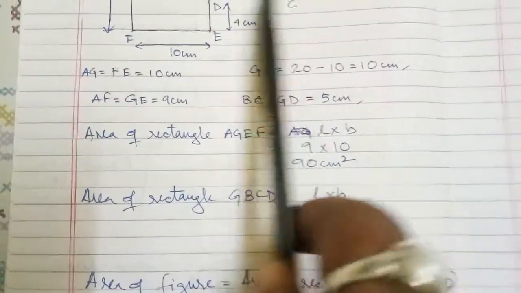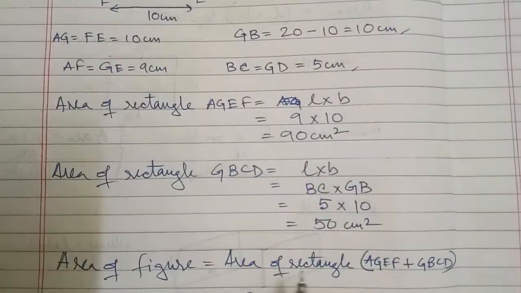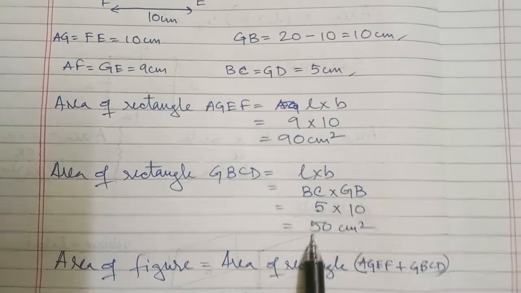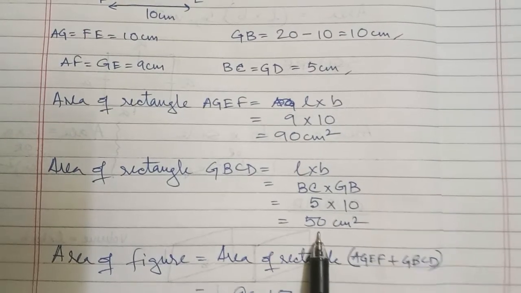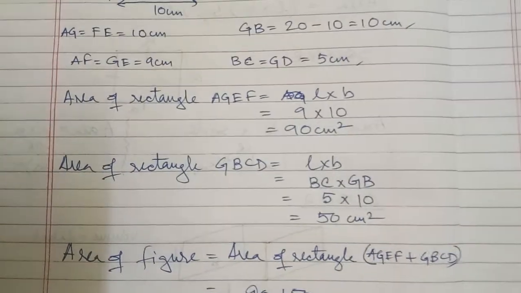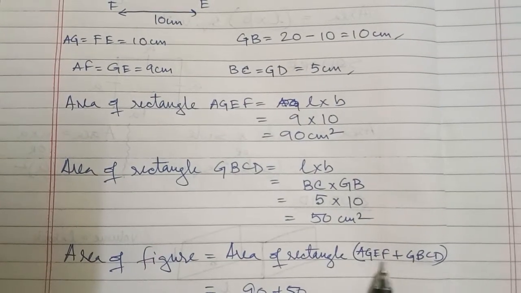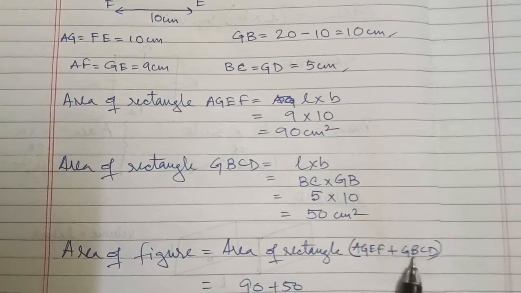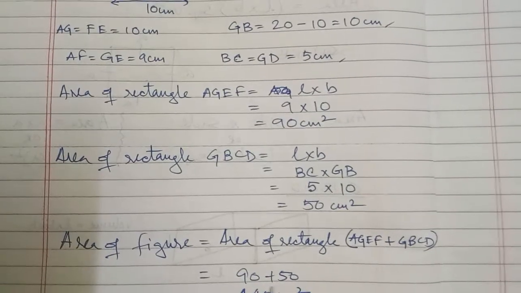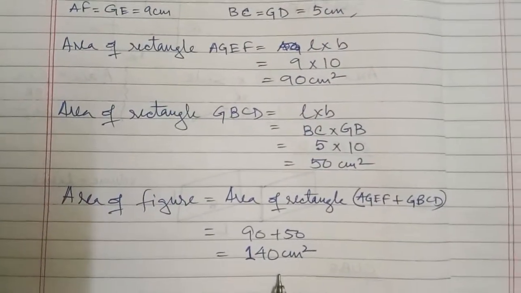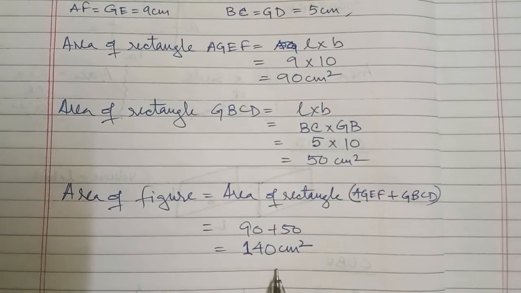Length is BC and breadth is DC. 5 into 10, after putting the value, I am getting 50 centimeter square. Then the area is AGEF plus GBCD, 90 plus 50, that is 140 centimeter square. That means the area of the total figure is 140 centimeter square.